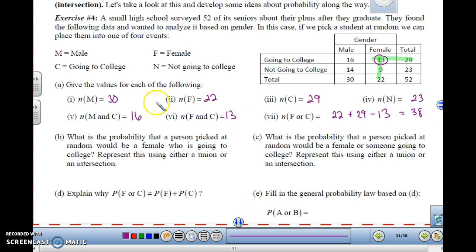All right, now that we know all these values, what is the probability that a person picked at random would be a female who is going to college? We want the probability of getting a female going to college. Female and college. And would be an intersection.